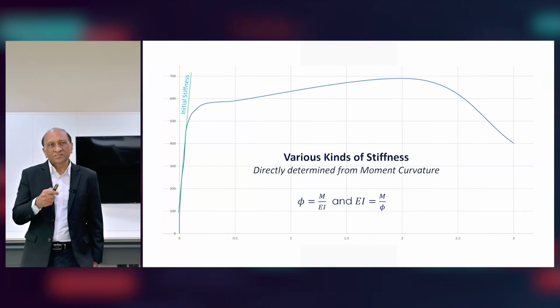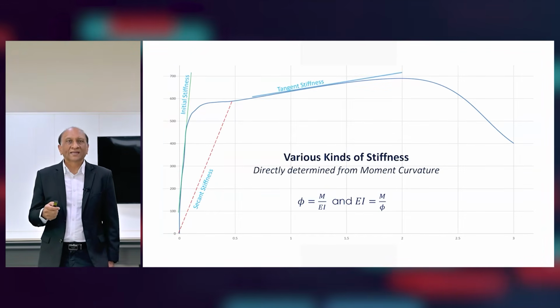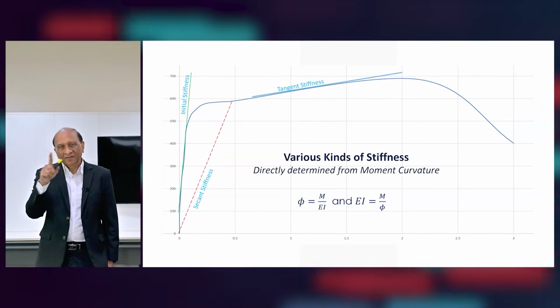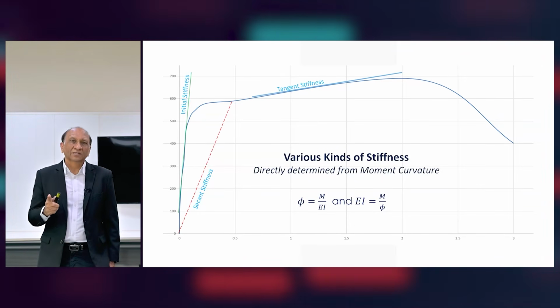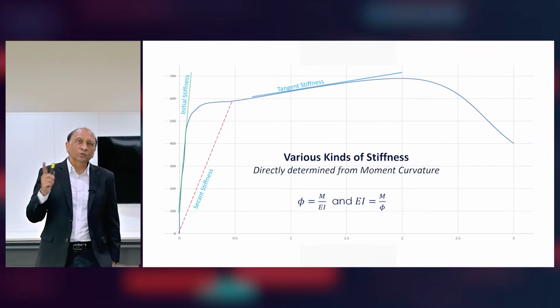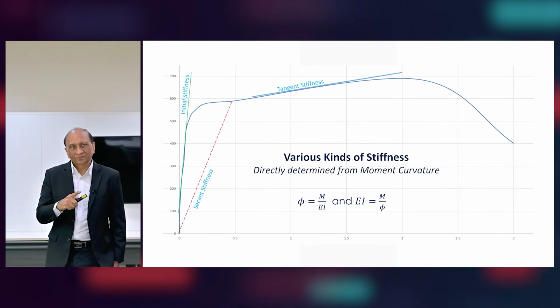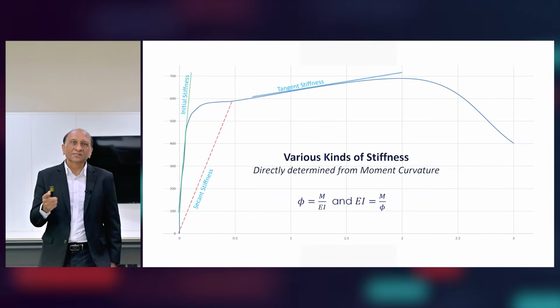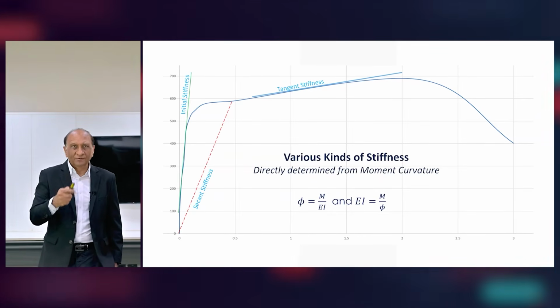So we can get the initial stiffness, the starting point, we can get the secant stiffness, we can get the tangent stiffness, and we can get them at any location. And this is one of the key strengths of moment curvature, because it can be used to generate the moment rotation, stiffness, and so on. So we can use these numbers to carry out the analysis, which I will show you in a few minutes.